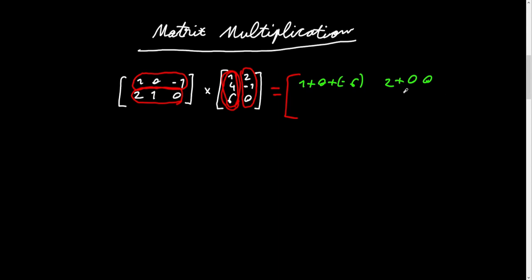I forgot to put a plus sign here. We're going to do it the same way: 2 times 1, which is 2, plus 4 plus 0. And the other column is going to be 4 minus 1 plus 0.